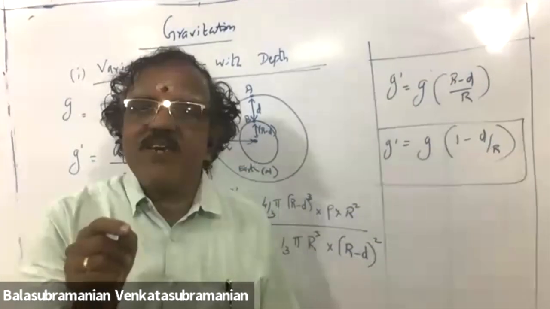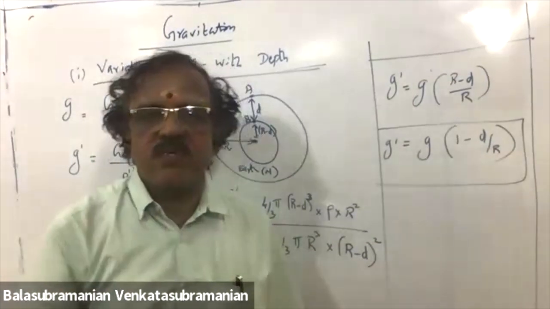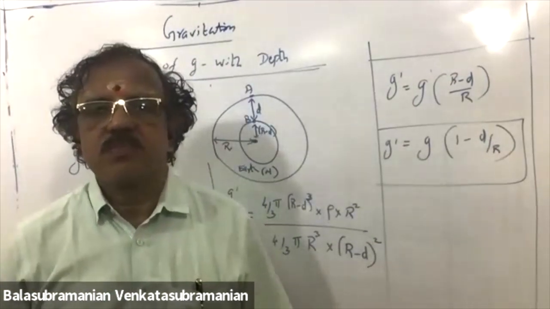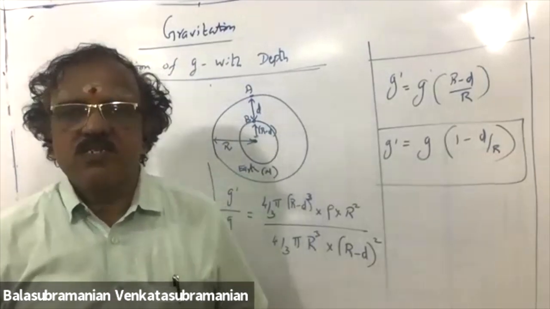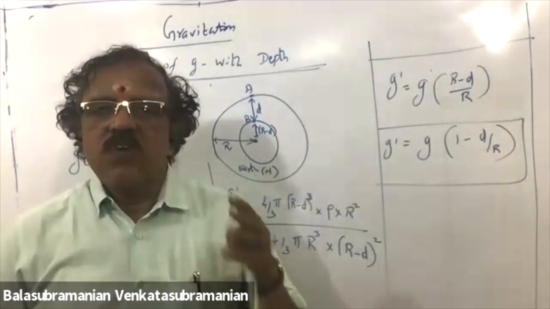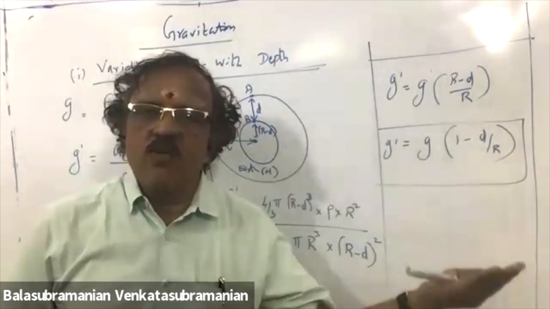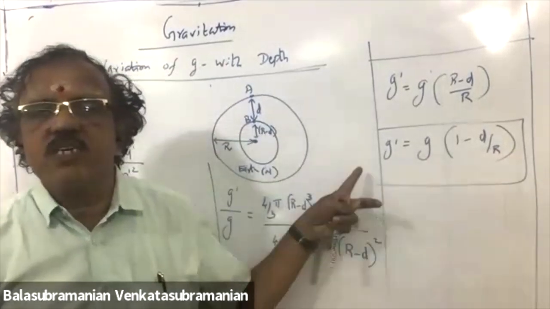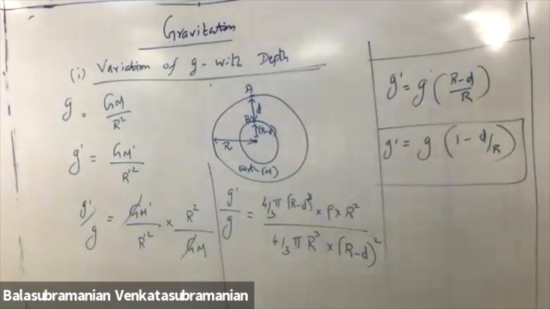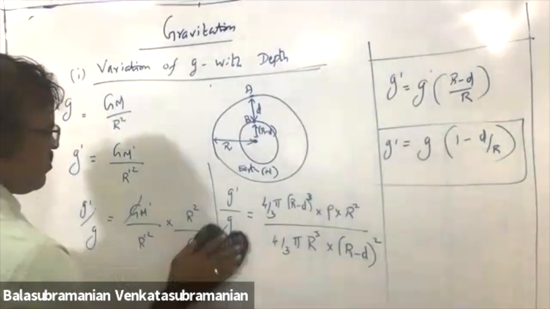So acceleration due to gravity decreases with the depth. This is the second point: variation of g with altitude, variation of g with the depth. Next.